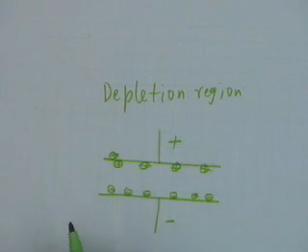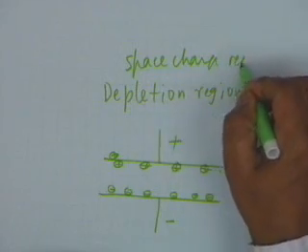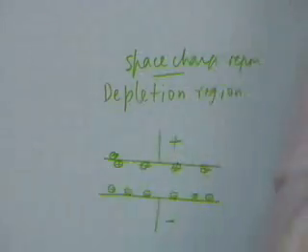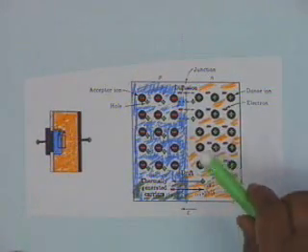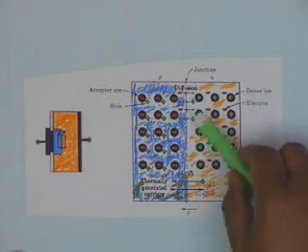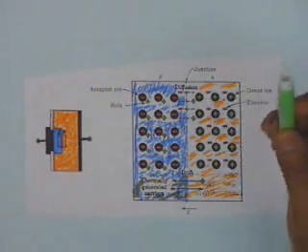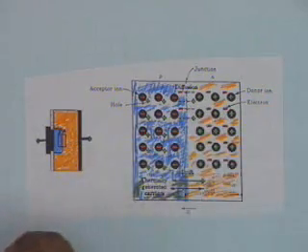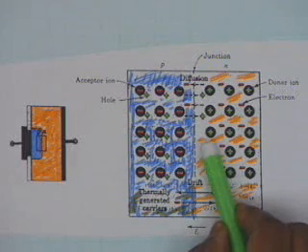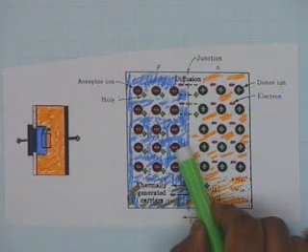This region is also called space charge region. Let me explain why it is called space charge region. You see, in the depletion region, if you take any finite area, then you shall measure a positive charge on this side. On the other hand, if you measure a small area here, the total charge will be negative.